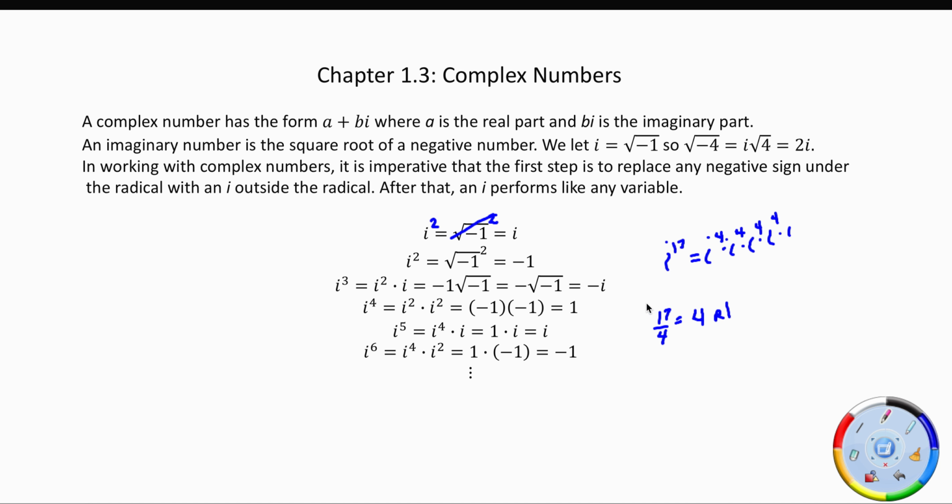But all of these i to the fourth are 1. 1 times 1 times 1 times 1 times i. So i to the 17th equals i.